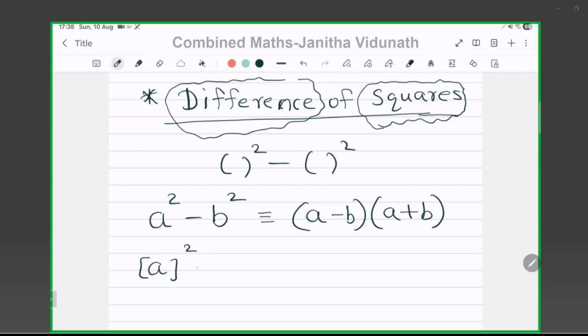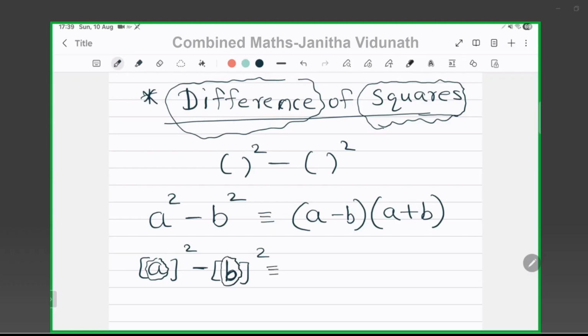Then we check whether there is a minus sign and check what term is inside the square. In the first term, a is inside the square, and in the second term, b is inside the square.